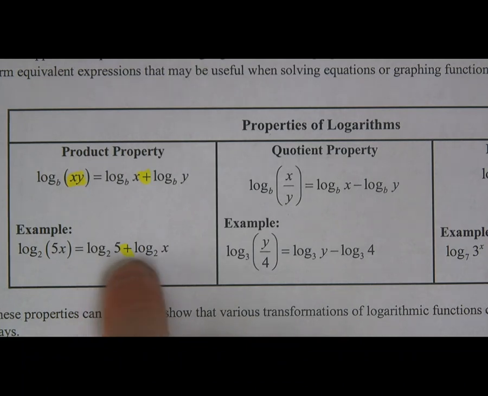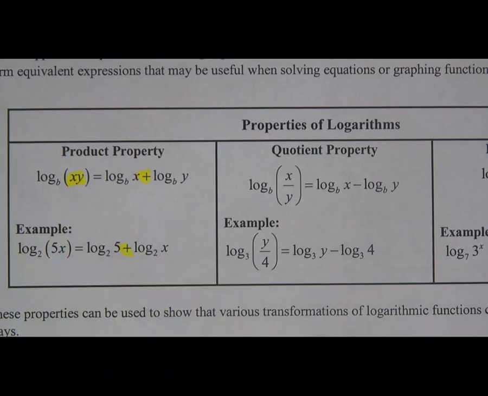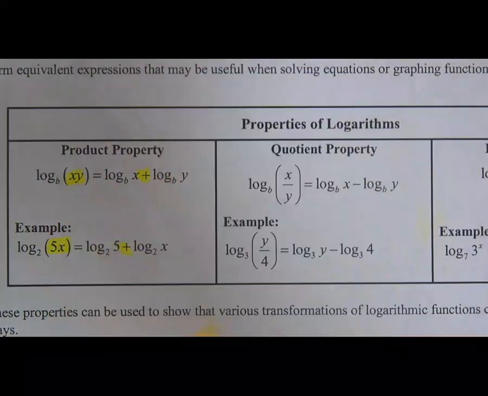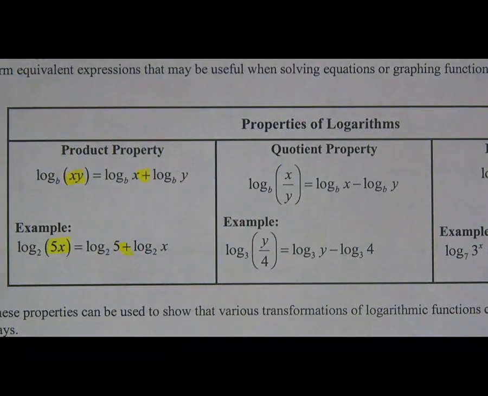You might have two logarithms that are being added together and you need to know, hey, I can shrink that down into a single log of a product. So you've got to know this forwards and backwards. So multiplication and addition go together, whether you're going to expand out multiplication into addition or shrink up addition into multiplication.